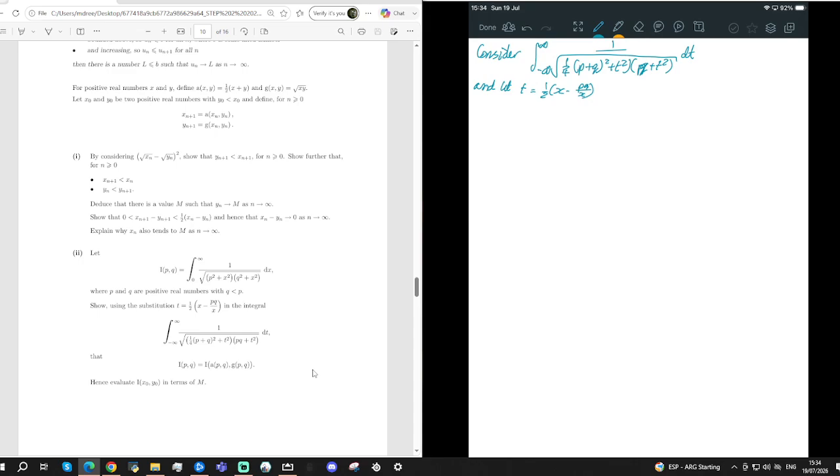So let's do it. So now dt by dx, and that's going to be a more pleasant way round as well. It's going to be half of 1 plus pq over x squared, which then can give some quite nice stuff.